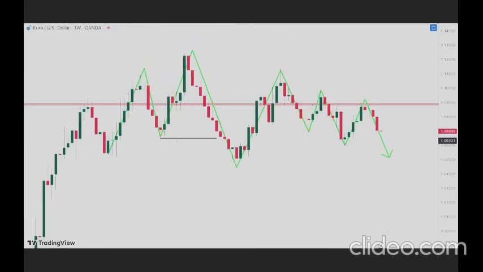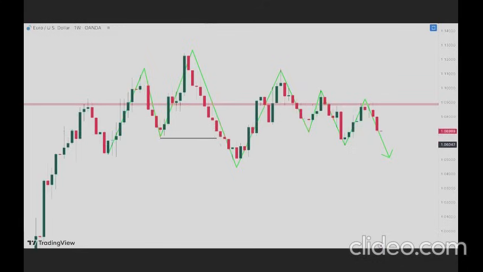So it broken this structure, so this means this is a shift of the market trend.